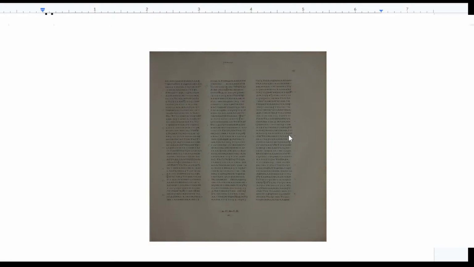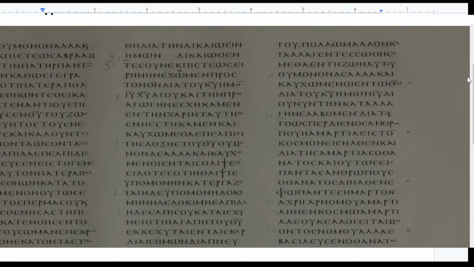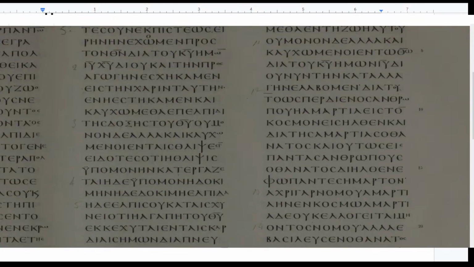Please, fingers crossed. Oh, man. I'm going to have to do this. Sorry. View. There we go. Now we're in business. Let's see if we can zoom in a little more.